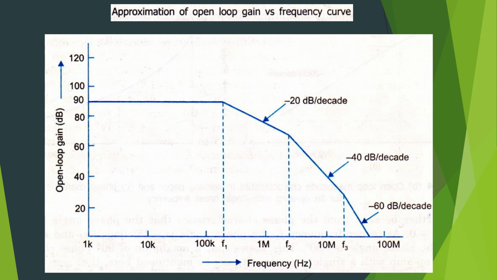Up to F1 the gain is almost constant, and after that the gain rolls off, that is, reduces at 20 decibels per decade up to some frequency F2, and then from F2 to F3 it reduces at the rate of 40 decibels per decade. After the frequency F3, it rolls off at 60 decibels per decade.